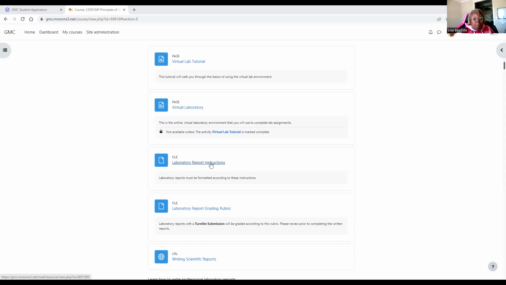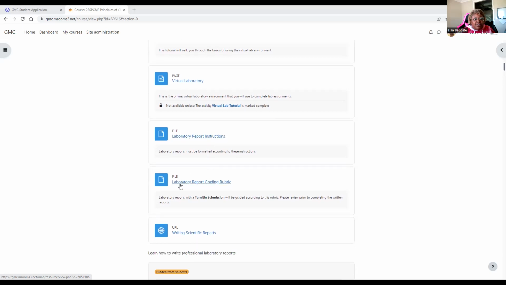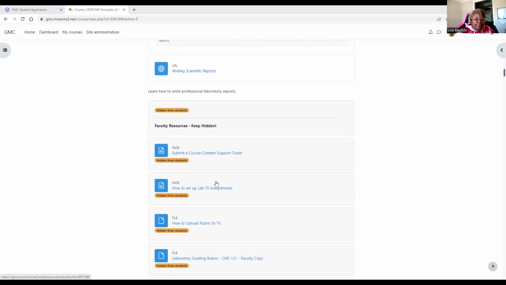It is not made to be used as a template to fill in information. You are going to have to create your own document for your lab reports. This also is the lab report grading rubric to help you know how your lab report will be graded.